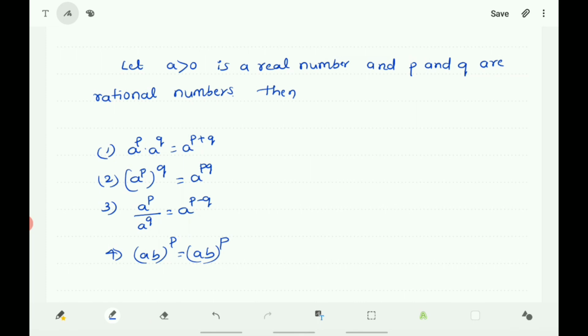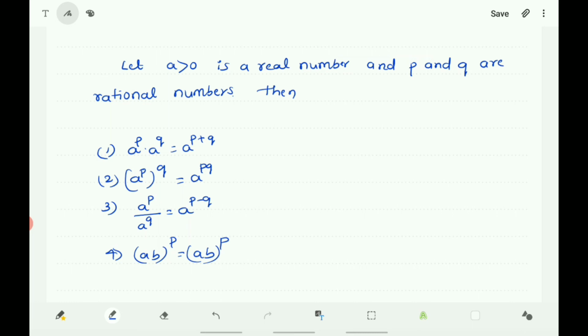Here we have taken p and q which are rational numbers. So a to the power of p into a to the power of q is equal to a to the power of p plus q. Second one, a to the power of p whole to the power of q is equal to a to the power of pq. Next, a power p by a power q is equal to a to the power of p minus q.